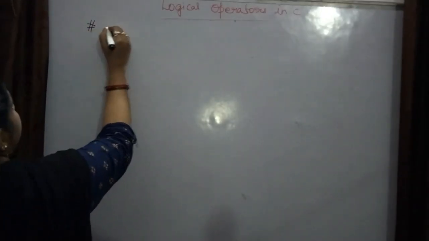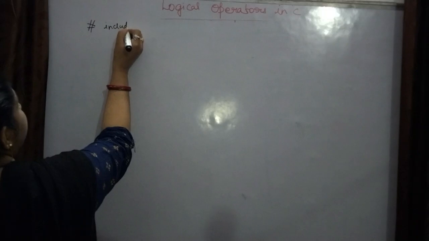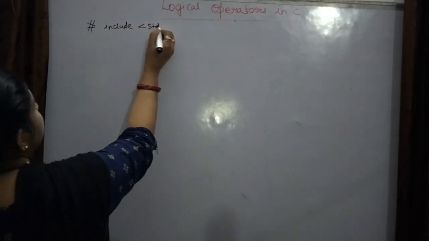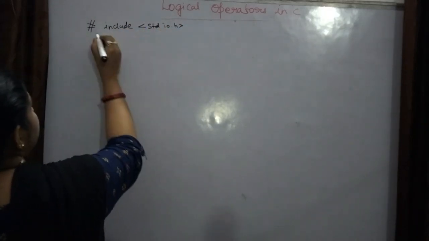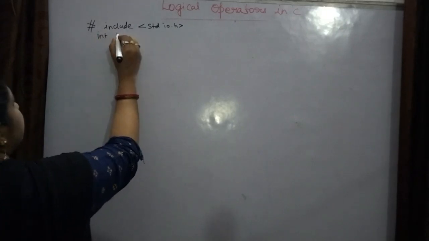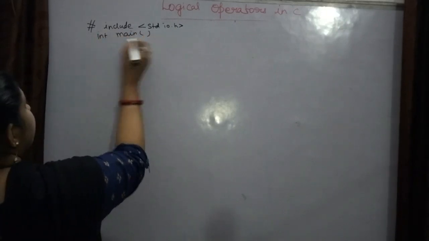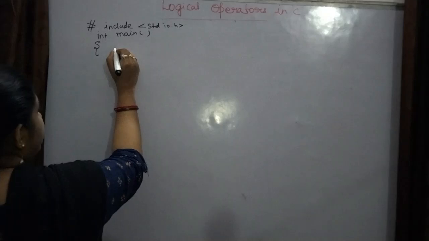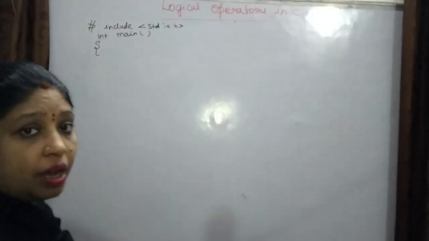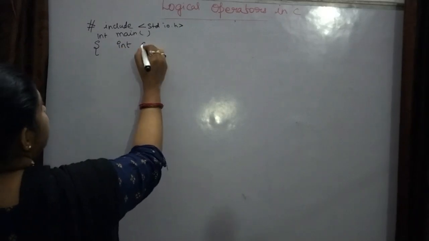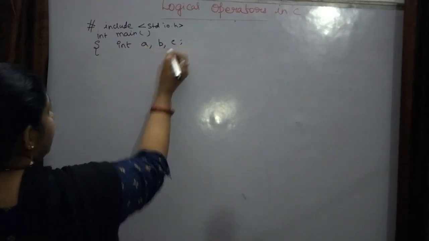Now #include <stdio.h>. Now int main, open the braces. Now I am doing the declaration part. I am declaring three variables: int a, b, c.